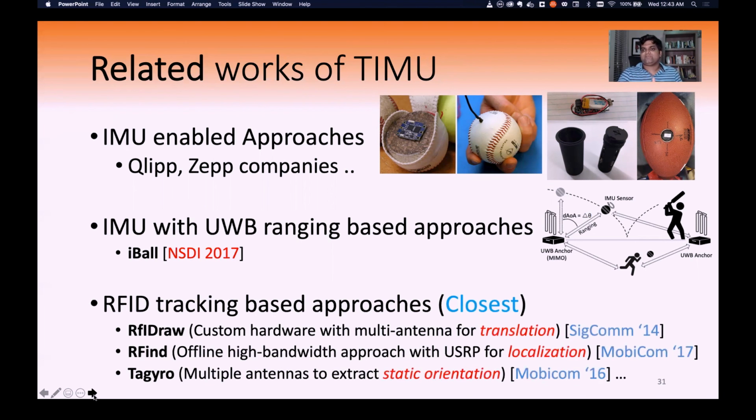There are also RFID-based approaches, which are very close to our system and also use the RF signal extracted from the tag to estimate its location, but they are mostly static orientation: Tagyro, translation, RF-IDraw, and RFind, which use exact localization. Therefore, you need very high bandwidth with a modified user system. And for Tagyro, even though it uses a cost system, you will require multiple antennas.